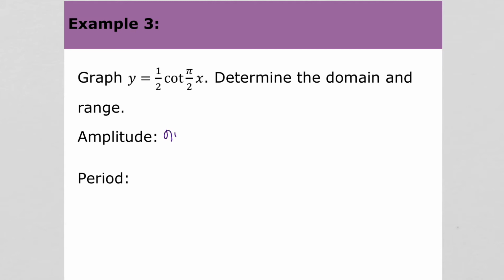Again, there is no amplitude, but there is an A value, which we will use later on when finding the 1/4 and 3/4 points. The period is between 0 and pi, and we put in bx minus c, which in this case is just pi over 2x.